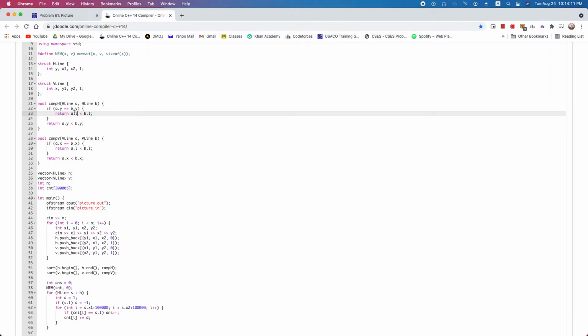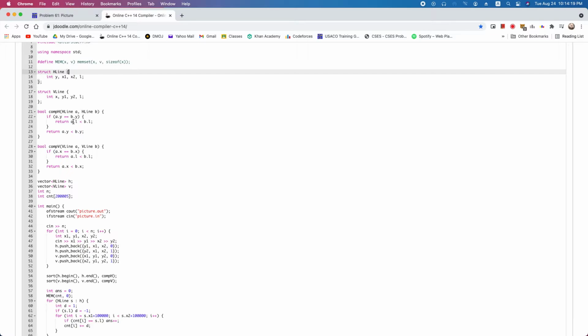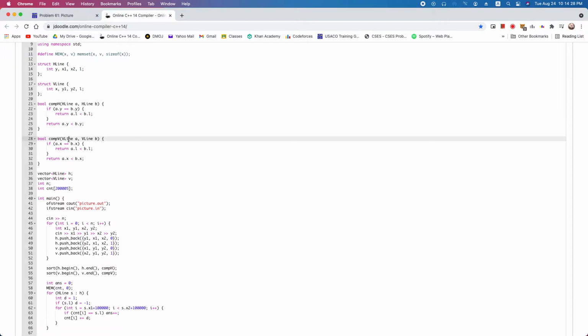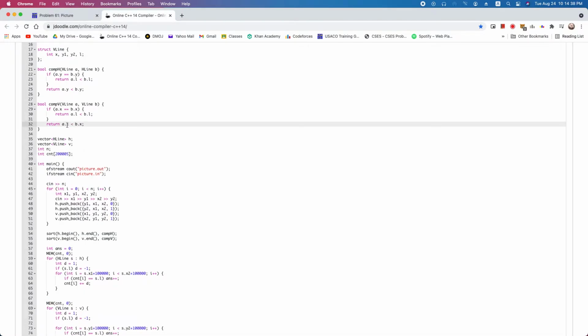We should always consider the starting lines first and then consider the ending lines. So if this L for the first horizontal line is smaller than the second one, we should put the first one in front. And this is the same for the vertical lines, but here instead of comparing y coordinates, we're comparing the x coordinates, basically the position of this current line.